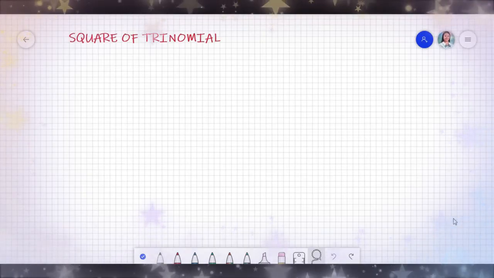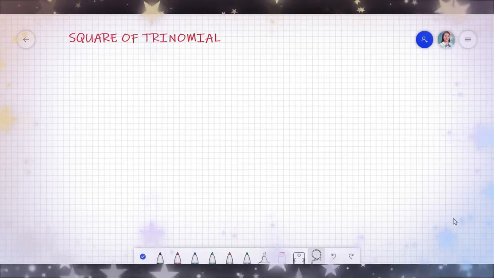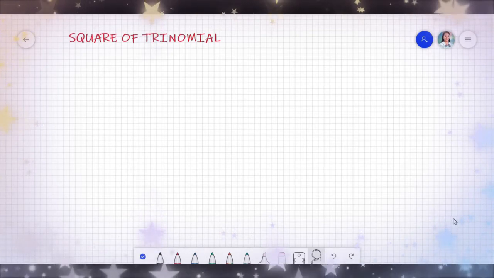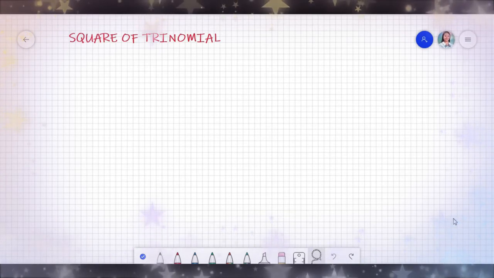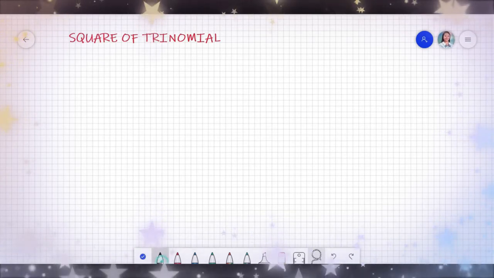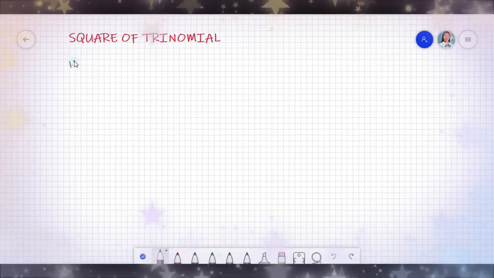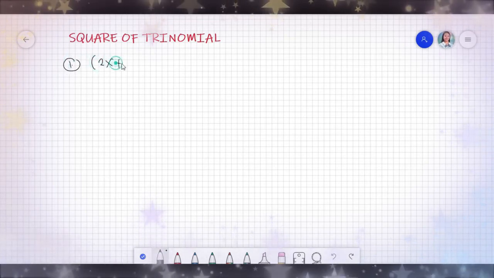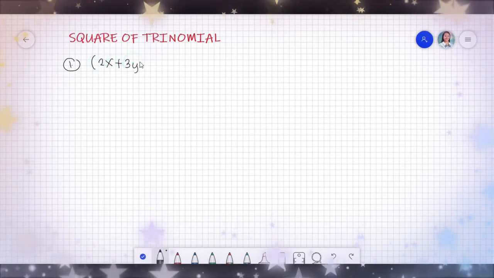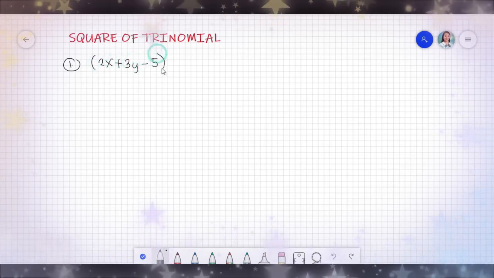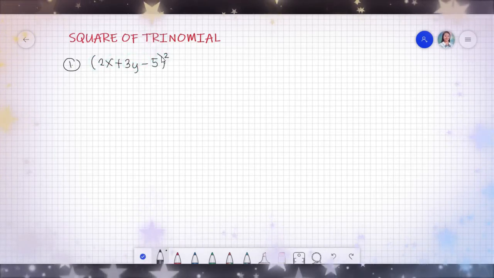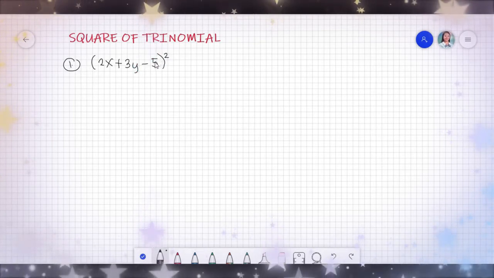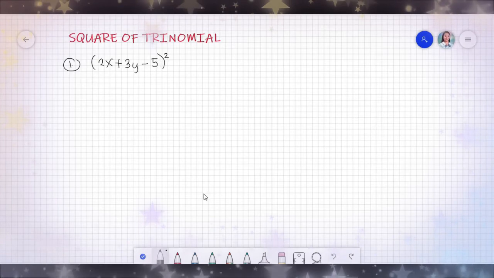For you to understand better how to solve problems involving square of trinomial, let's have examples. Example number 1: (2x + 3y - 5) squared. The very first thing that you're going to do is identify your first, second, and third term.